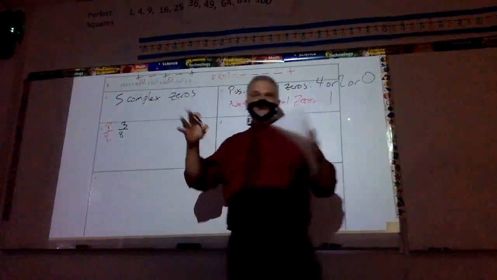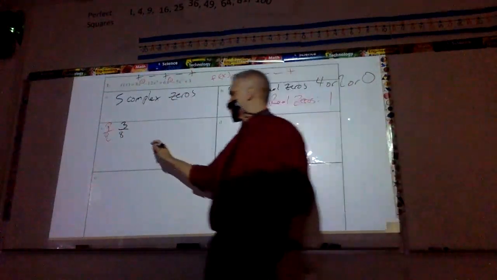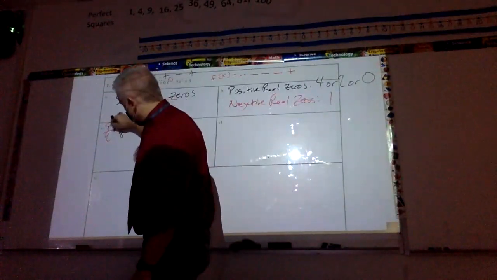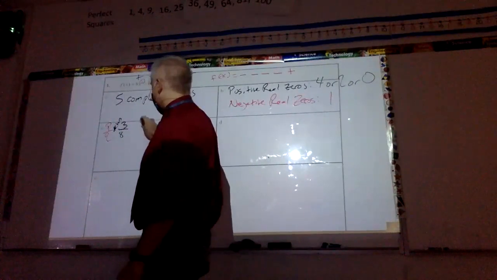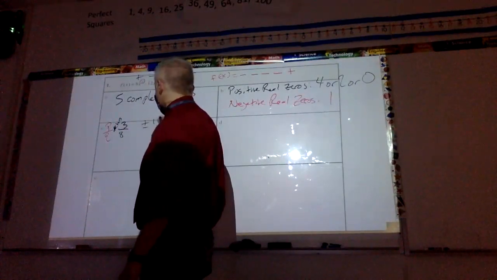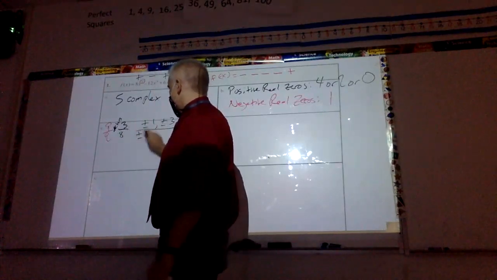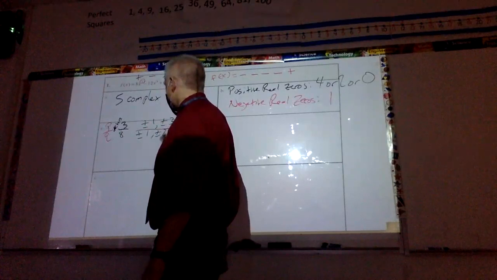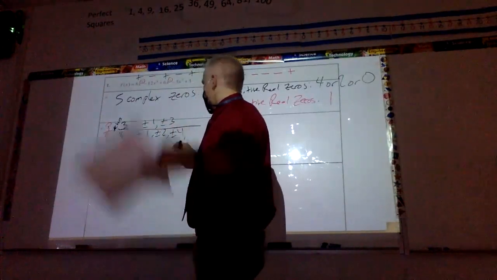And we take all the factors for P and all the factors for Q. Okay? So the factors for these two numbers. So the factors for 3 are just plus or minus 1, plus or minus 3. Factors for 8 are 1, 2, 4, 8.